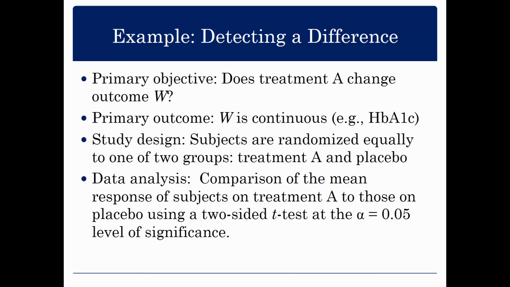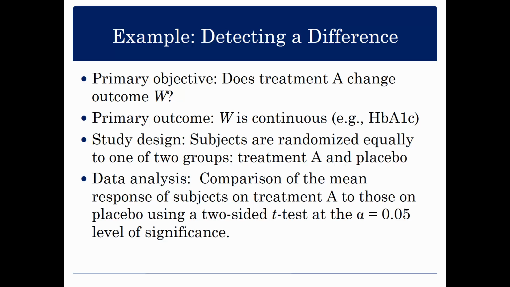So here's a quick example where we want to detect a difference between two treatments. The primary objective is whether or not a treatment changes an outcome. It improves it, for instance. One thing we have to know is that the outcome is continuous. This is not, yes, the disease resolved, or no, it didn't. It could be something like HbA1c. The study design is a randomized controlled trial, so study subjects are randomized equally to one of two groups, treatment A or placebo.